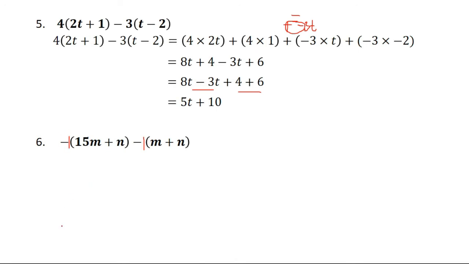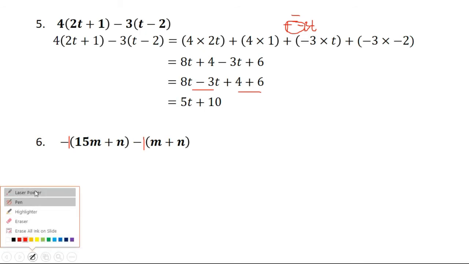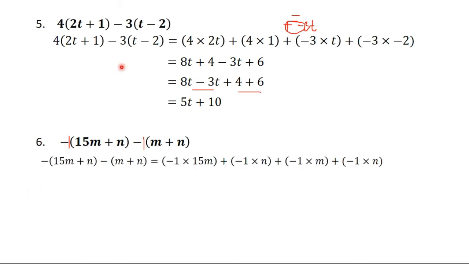So once again, we start by opening the first bracket. So we are going to get minus 1 times 15m in one bracket. Now we've closed this bracket, so we bring our addition sign. Then we move to the next one. Minus 1 times what is in the bracket here, which is n plus n. So we are going to get minus 1 times n.